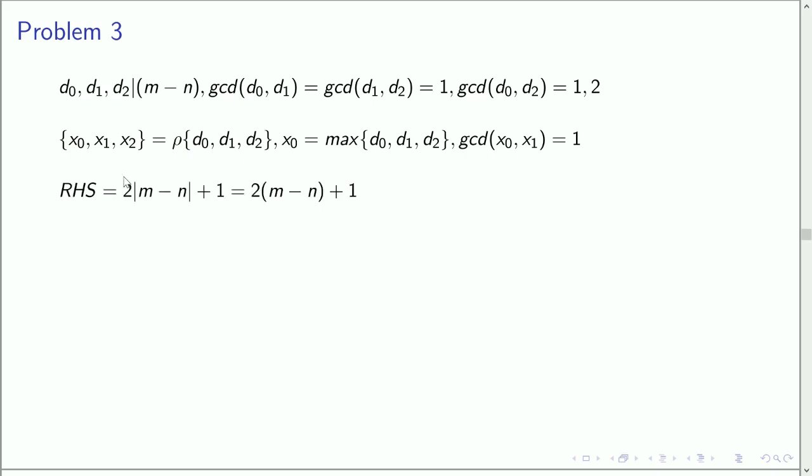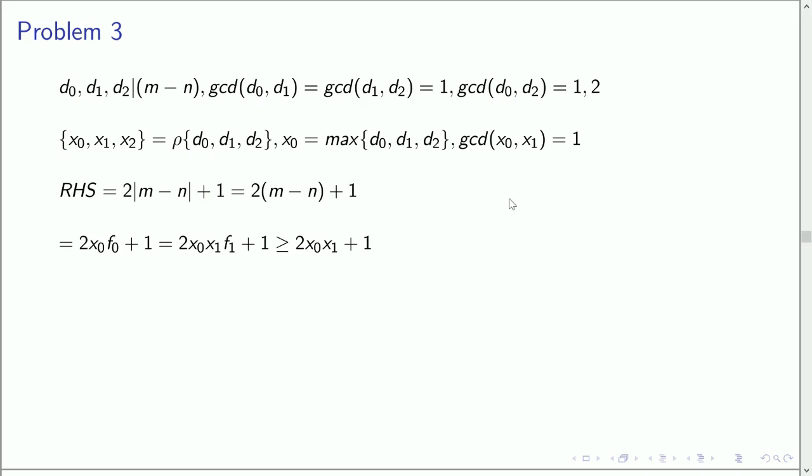You'll see it now. So let's look at the right hand side. It was 2 modulus of m minus n plus 1, and since we have assumed that m is greater than or equal to n, that will be 2 into m minus n plus 1. Now how can you write this? Since all these three divide m minus n, x0 is the one from the set, so you can write it as twice of x0 f0 plus 1.